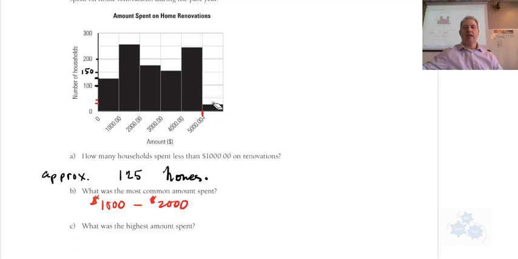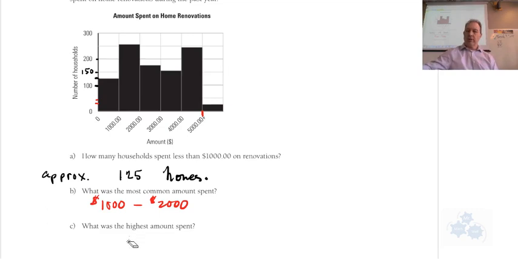This part of the histogram represents more than 5,000. Beyond 5,000, we don't know how much money is spent. Some of these houses could have spent 5,500. Some of them could have spent 40,000 or 70,000. We don't know.